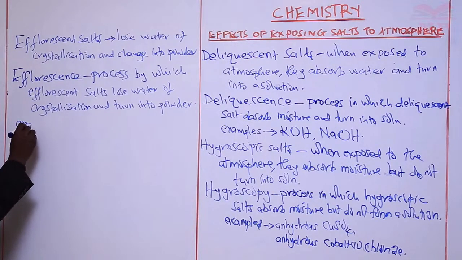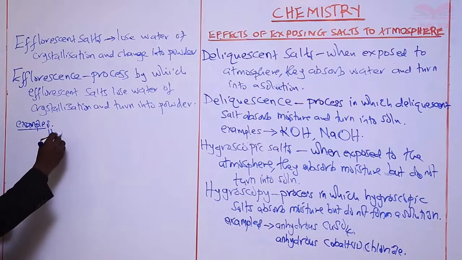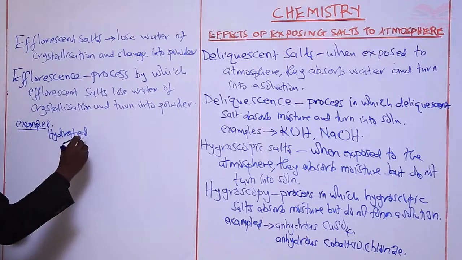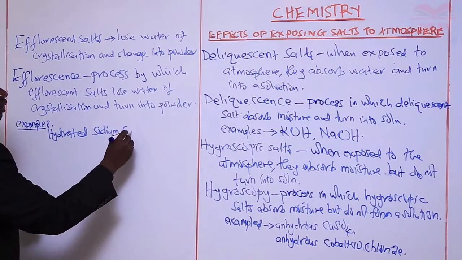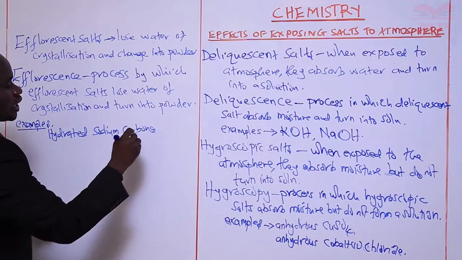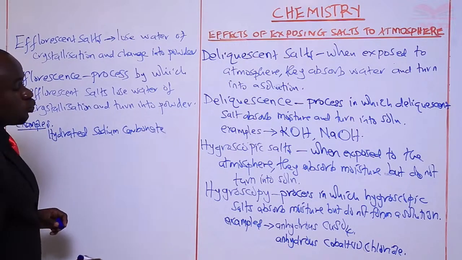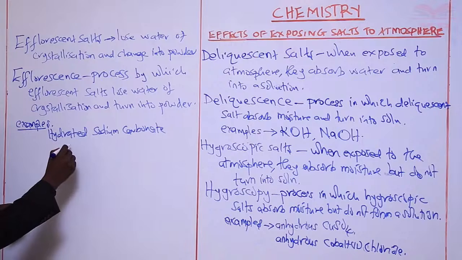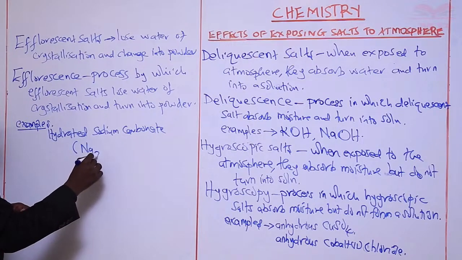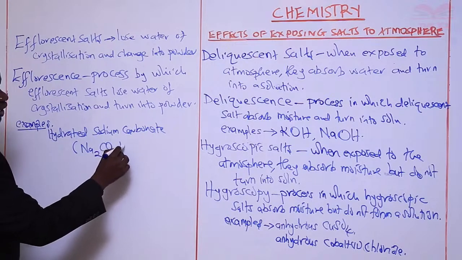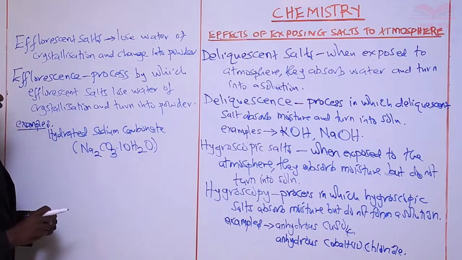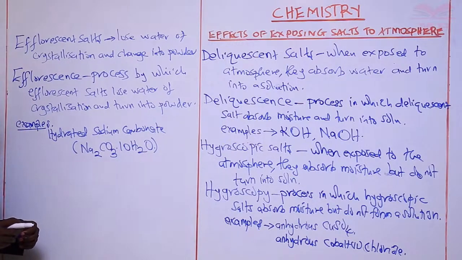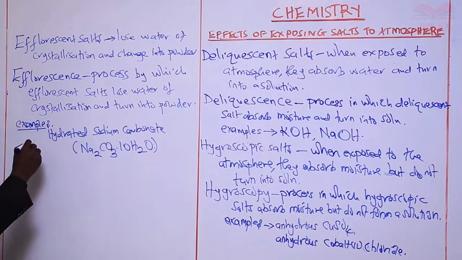We have examples of such type of salts. We have hydrated sodium carbonate. It contains water of crystallization, so the formula is sodium carbonate with 10 molecules of water. This one, when exposed to the air, will lose water of crystallization and form powder.